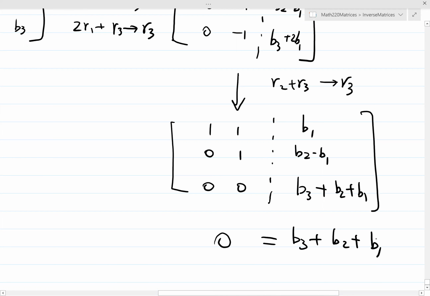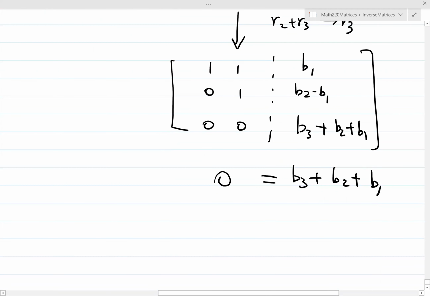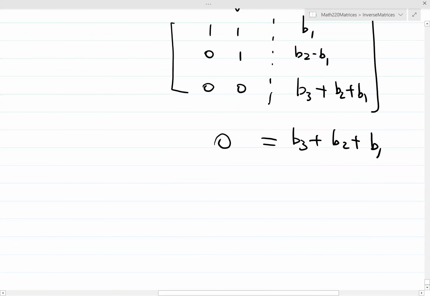To make sure that this equation is solvable, we need to make sure that b1 plus b2 plus b3 is actually 0. We need this condition, b3 plus b2 plus b1 is 0, okay? Then we can use elimination to find a solution.